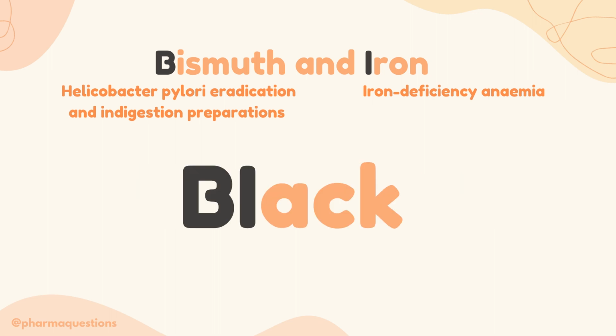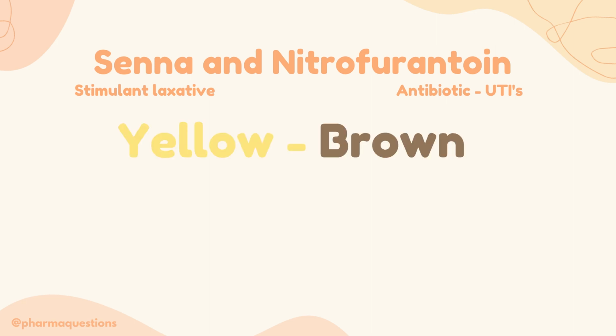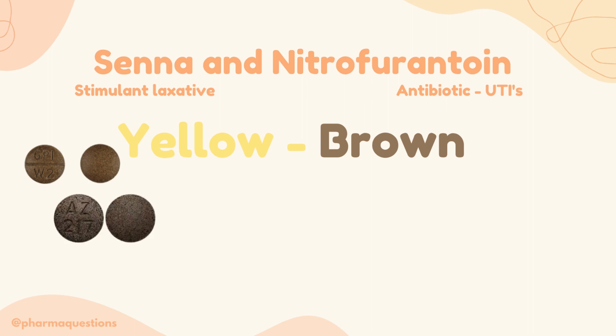The next two drugs we'll be taking a look at are senna and nitrofurantoin. Senna is a stimulant laxative, and nitrofurantoin, of course, is an antibiotic used to treat urinary tract infections. These drugs have the potential to cause yellow-brown urine discoloration. I'm able to remember this by the colour of the tablets and the capsules. Pretty much every senna preparation I've seen is a mossy brown colour.